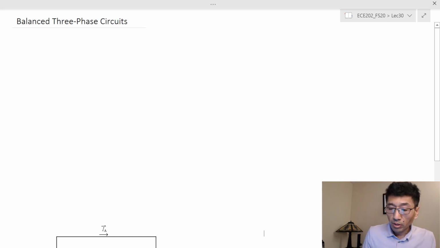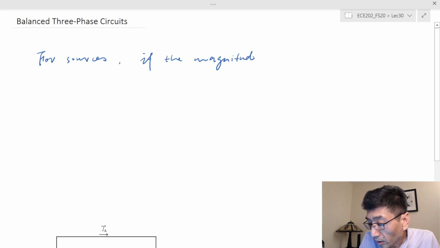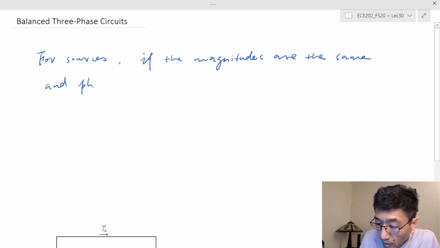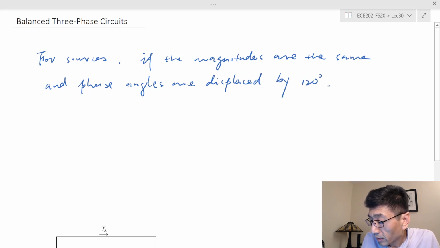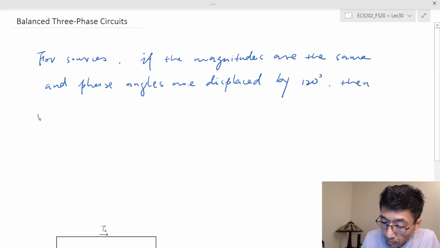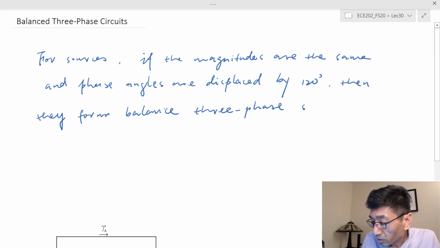But let's look at what the three-phase balanced circuits are. For the sources, if the voltage magnitudes are the same, and the phase angles are displaced by 120 degrees, then they form a balanced three-phase source.